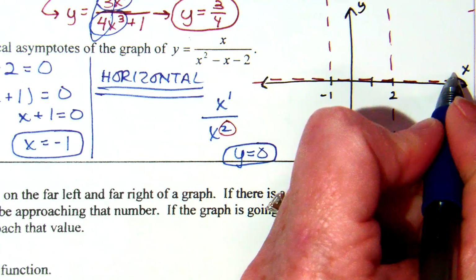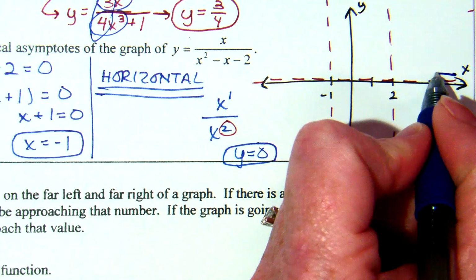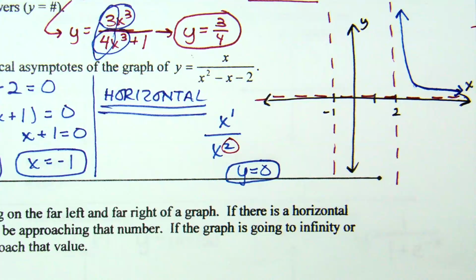Because I have this horizontal asymptote, I'm going to run alongside of it, and I'm not going to touch it. But then what happens when I approach 2? We've got this vertical asymptote, so I have to go up. And so the first part of my graph looks like such.